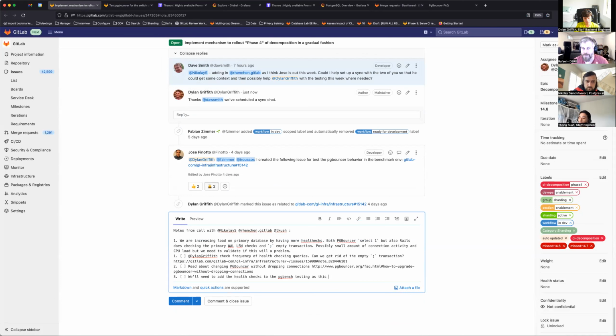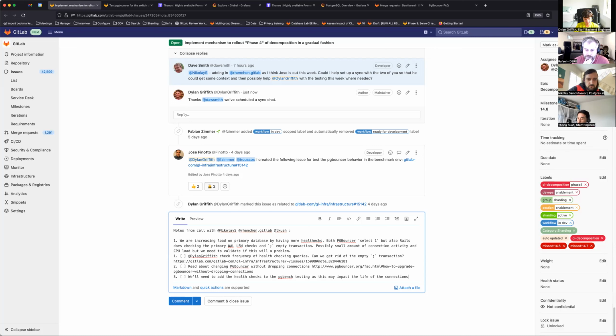And as I understand, PGBouncer doesn't consider that health check to keep the connection alive. But if a query came from the application, then PGBouncer is going to consider this as any query, right?